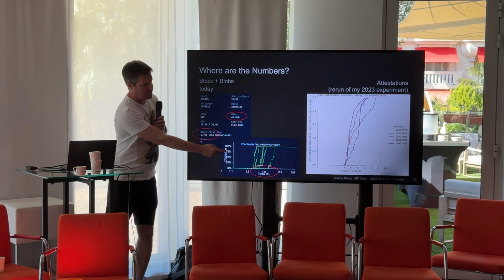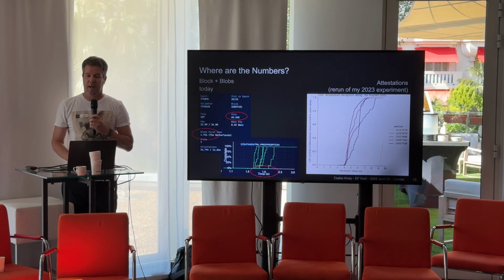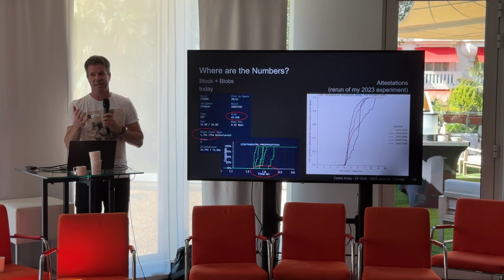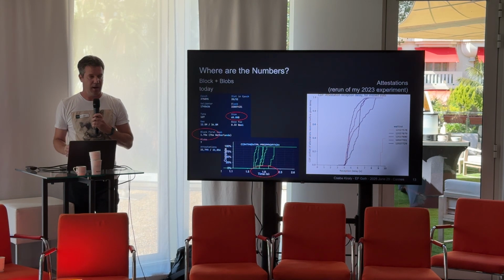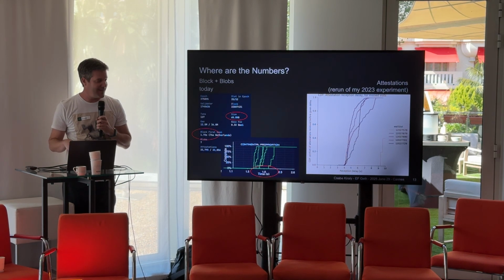If I would draw 4 blocks one after another, they would be all different. And it's really hard to say, this is the mean behavior. It's really hard to give guarantees on these things because there are so many variables in the system that it's hard to understand.